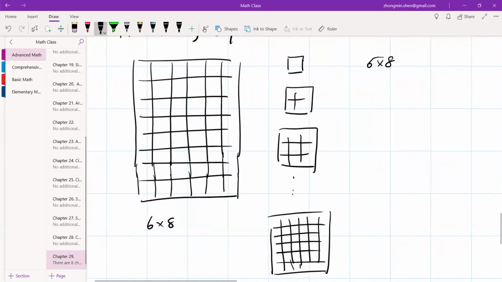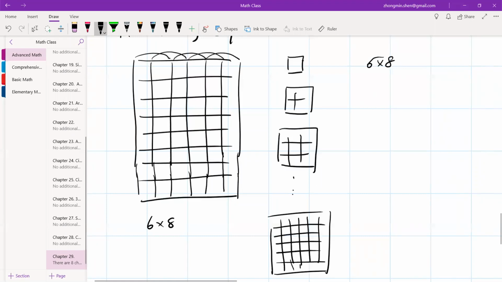But how can I find out the number of 2 by 2 squares? Okay. The number of 2 by 2 squares, you can do like this. The pair of vertical lines must have a distance of 2. So you can choose this pair, this pair, this pair, this pair, this pair, right?